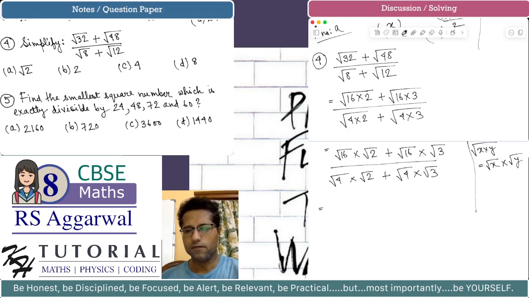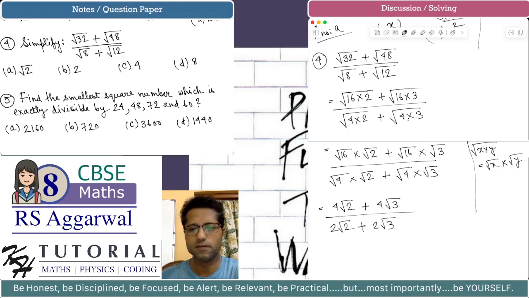So now we can see square root of 16 is 4. So we have 4 square root of 2 plus 4 square root of 3. And the denominator is square root of 4 is 2. So we have 2 square root of 2 plus 2 square root of 3.